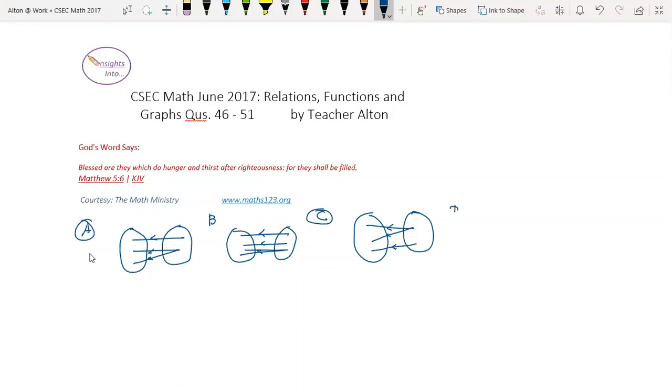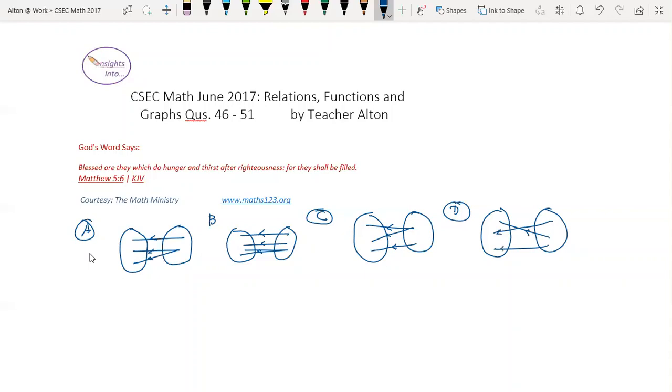And finally, option D, right. And of course, our arrows are all going in this direction.